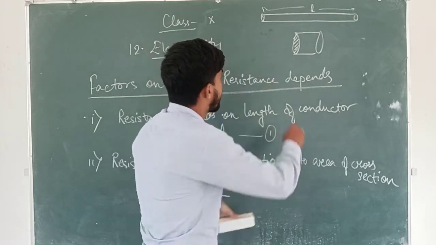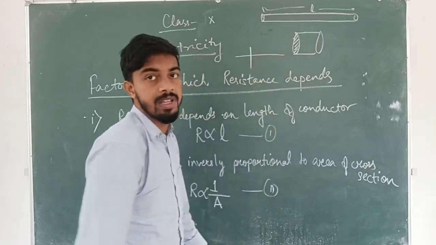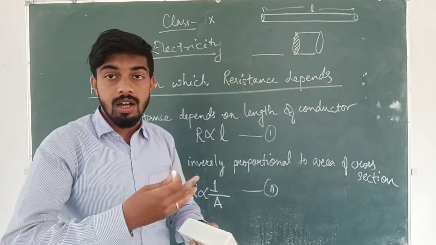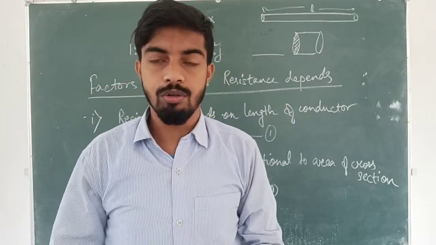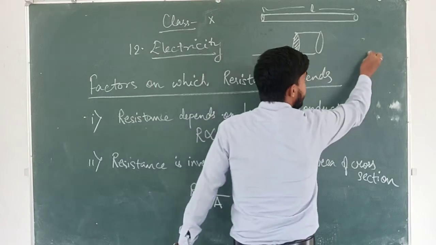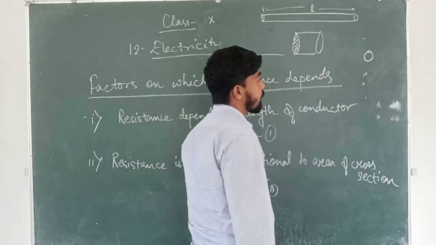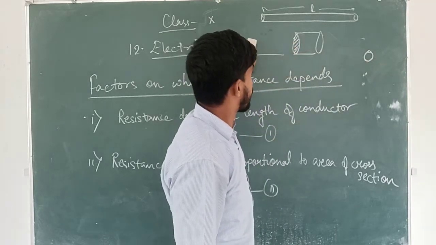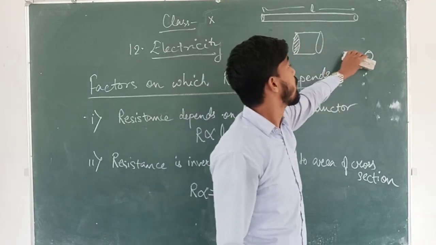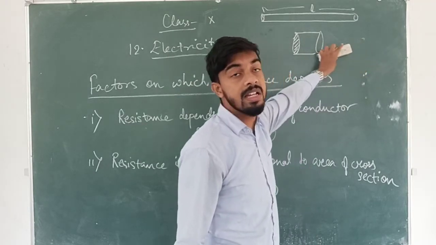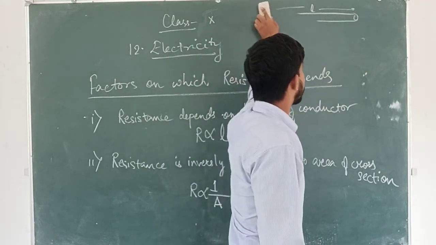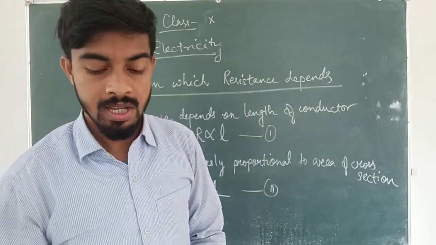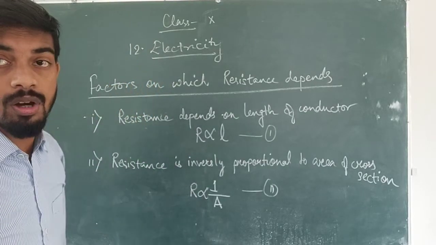If you cut one piece and look closely at the cut part, you will see that it is circular in shape. A wire is actually cylindrical, and we take the area of that circular part, which is known as the cross-sectional area. You can note it down.